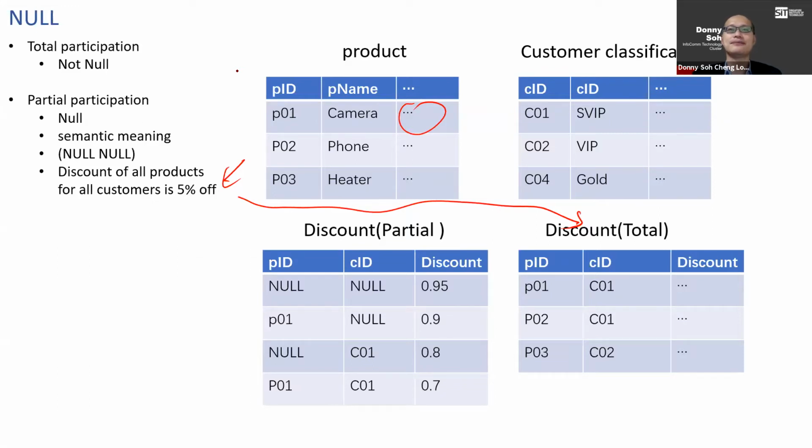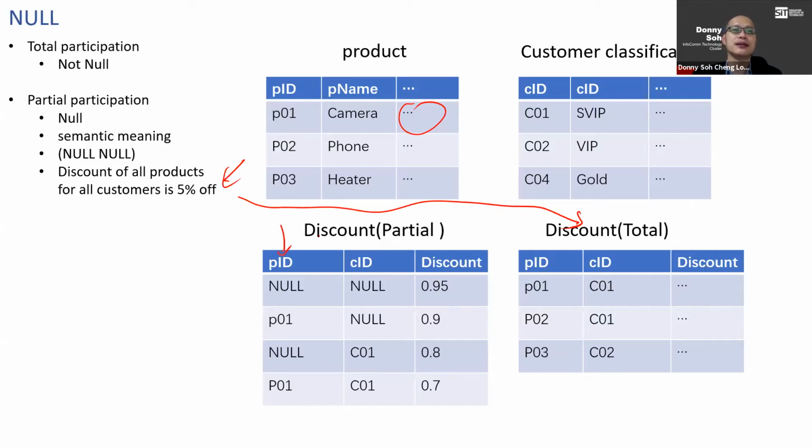But if there is a chance whereby, depending on the product or depending on the customer, you may or may not want to offer a discount, then you are able to offer null values in the attributes.